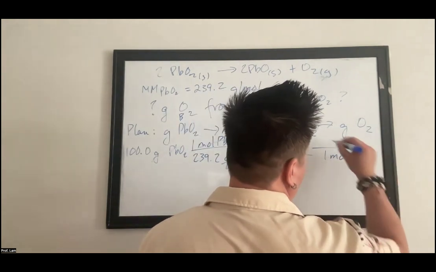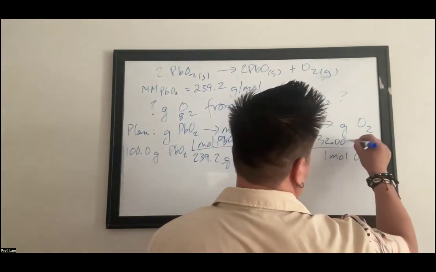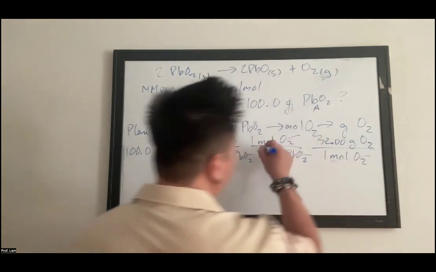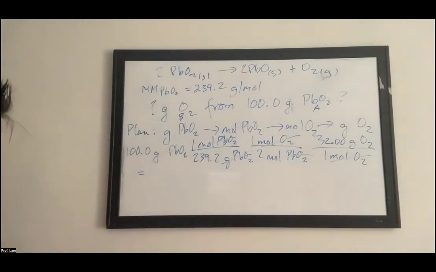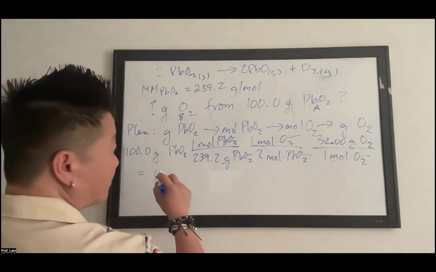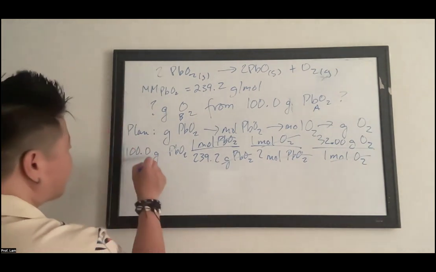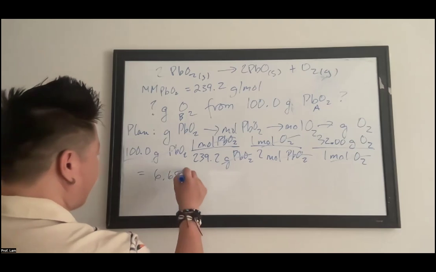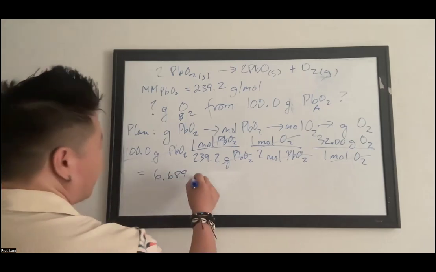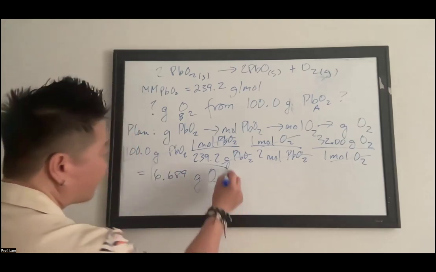So 1 mole of O2 on bottom, 32 grams of O2 on top. So what we get is, we got 4 sig figs here, so 6.689 grams of O2.